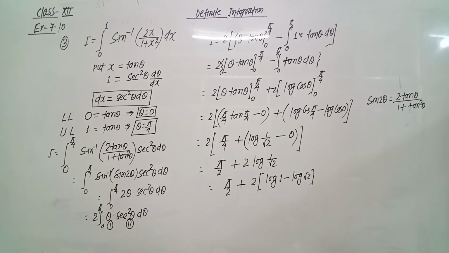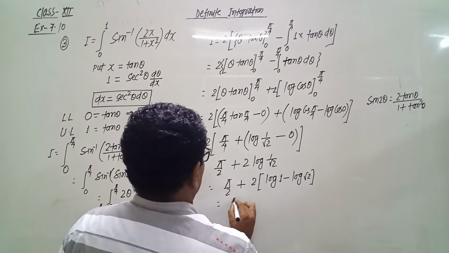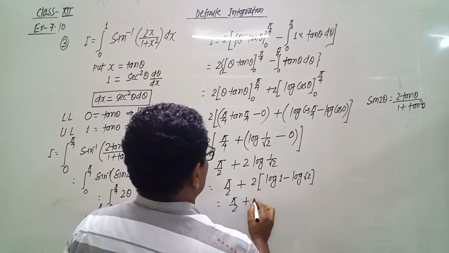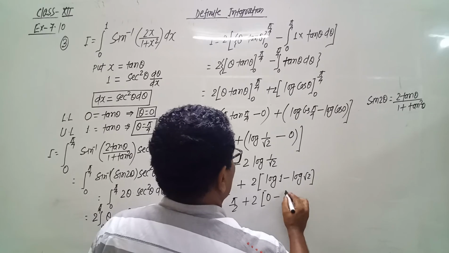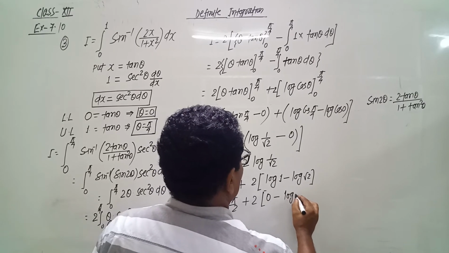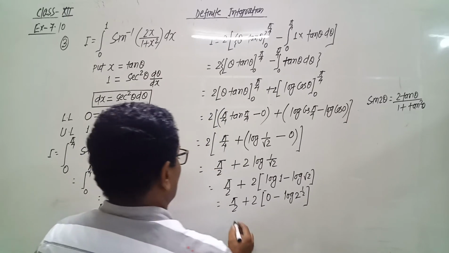So log 1 becomes 0. So pi by 2 plus 2 times 0 minus log root 2. Root 2 is written as 2 raised to the power 1 by 2.